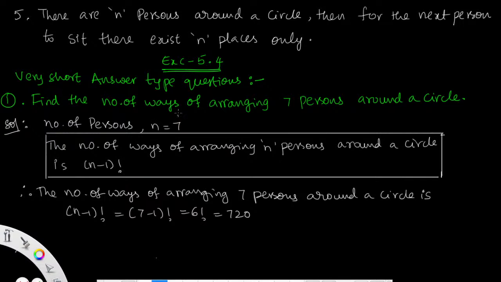Substituting n equal to 7, we get 6 factorial, that is 720 ways.